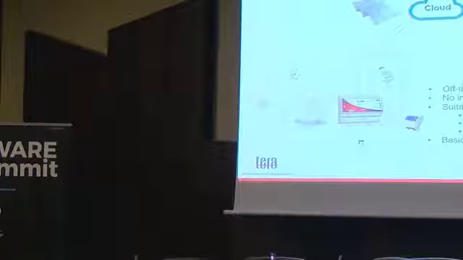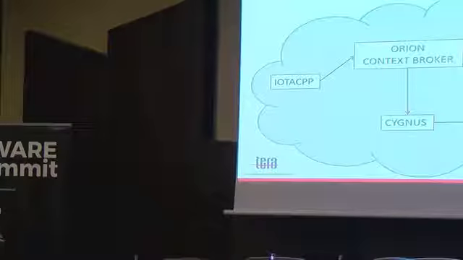Okay, so about the cloud solution. In the cloud solution, we are developing our Fiware solution. So, what do we need? The gateway sends data with the MQTT protocol, but also with other lightweight message protocols.